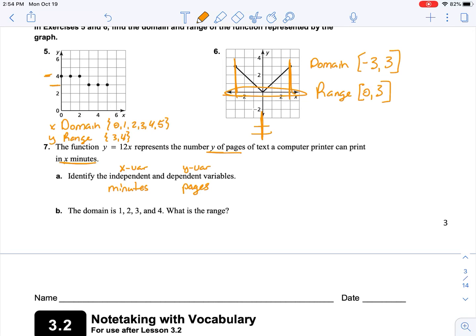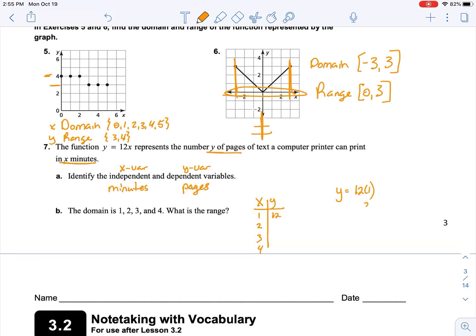And now it's asking me, what is my domain? So if I could make an XY table, it says my domain is 1, 2, 3, and 4. So I could take that and go with y equals 12 times 1. Was it 1? It was 1. So 12 times 1 is 12.